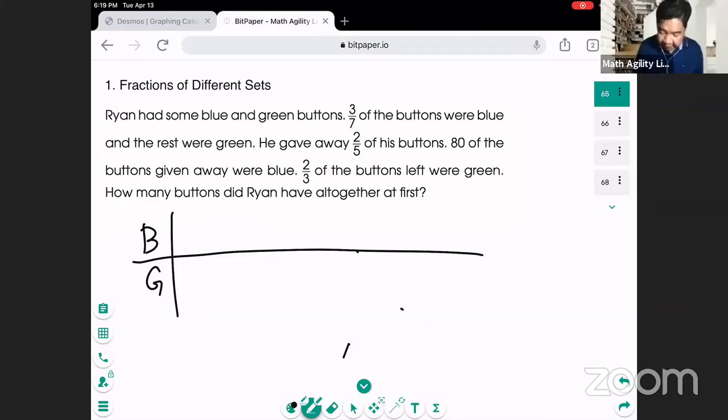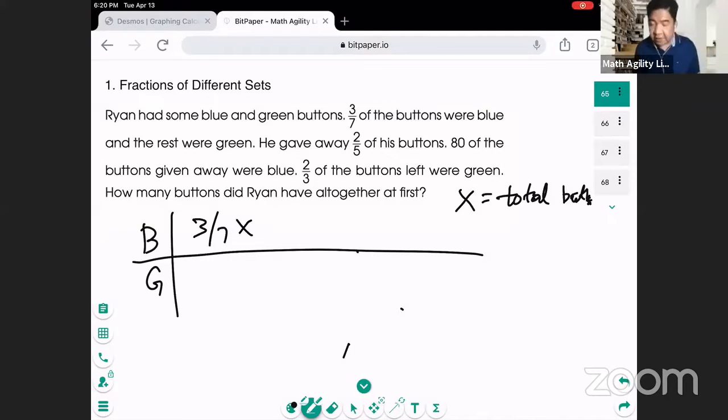So let's first represent X as the total number of buttons. For blue, it says 3/7 of X. Since X is the total number of buttons and 3/7 is blue, therefore 4/7 would be the green one.